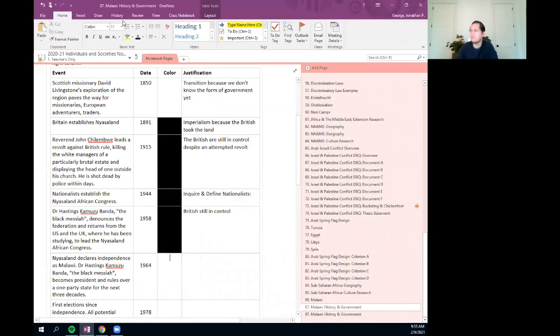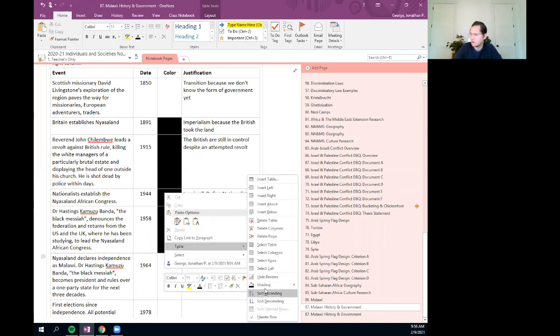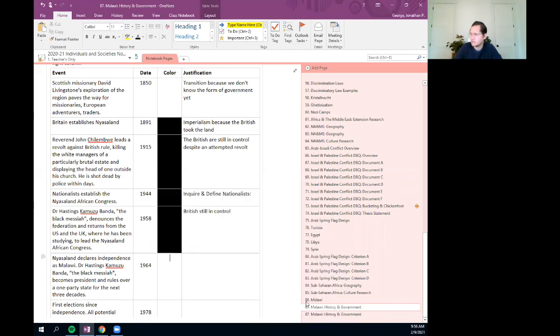It's going to be red. The stadiums in Malawi are named after him. They're called Kamuzu Stadium. There are two of them actually, one in Lilongwe and one in Blantyre. Change it to red and then explain why. If y'all have any questions about Malawi as we talk about this, please let me know.